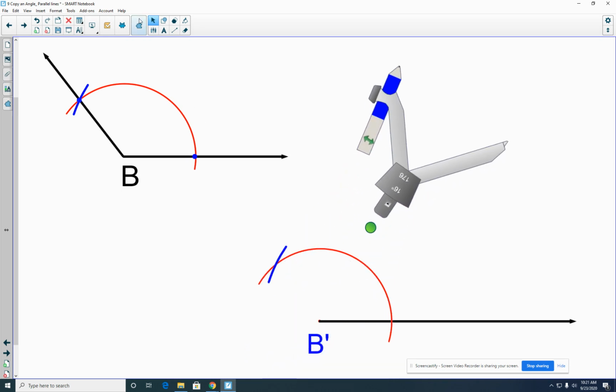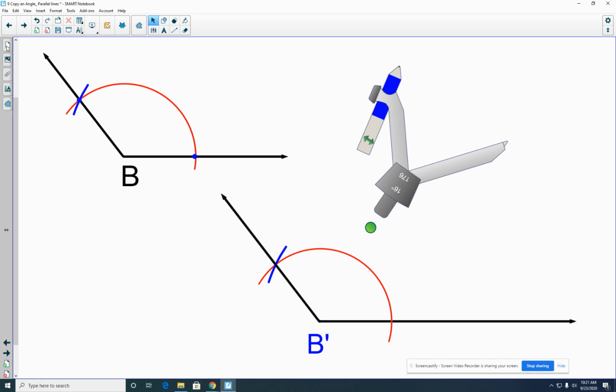There it is. Finish it by connecting the vertex B prime through the intersection of those arcs. Excellent. And you've just copied now angle B down to B prime. Okay. Again, this is a video. You need to go back and you could watch me copy B down to B prime again.